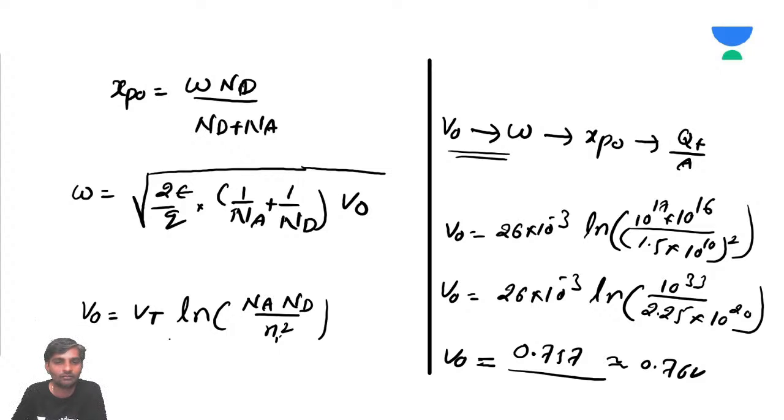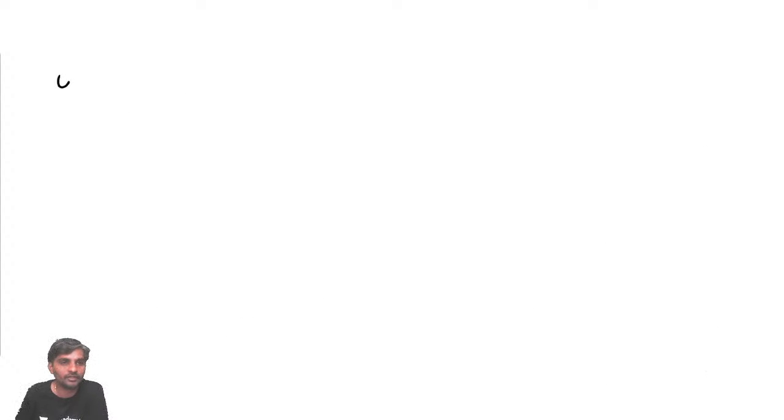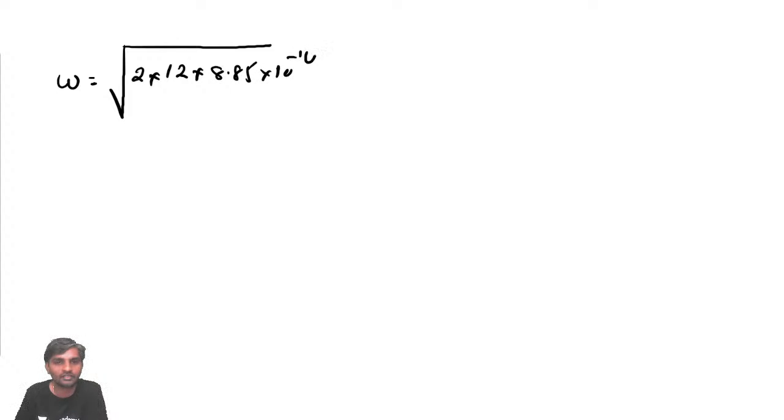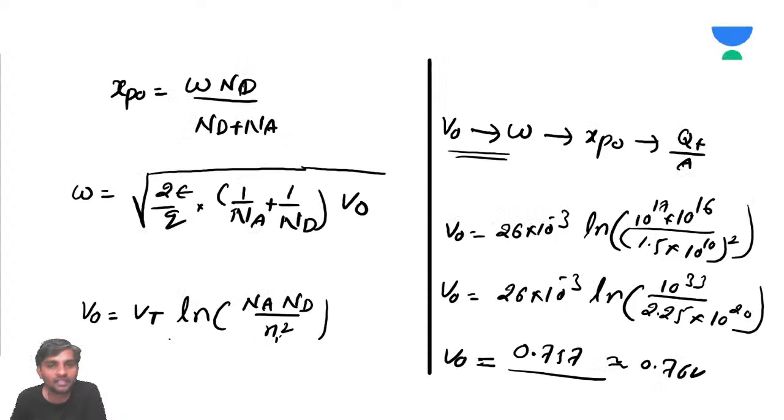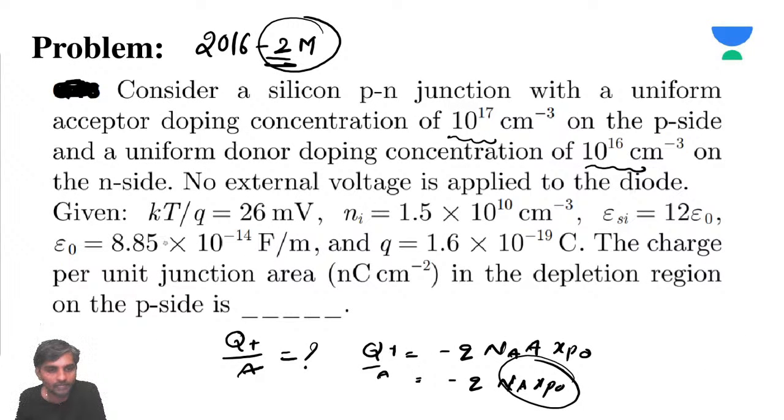next I need to calculate W value. W is going to be square root of 2 into epsilon, which is nothing but 12 into 8.85 into 10 to the power of minus 14. I think he has given the same value. Yeah, 8.85 into 10 to the power of minus 14. This is 12 into epsilon.